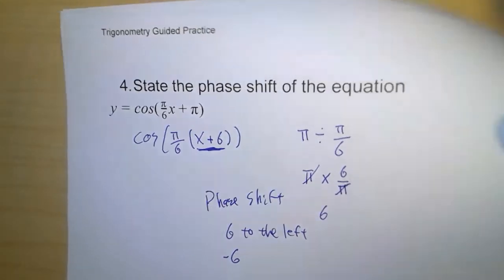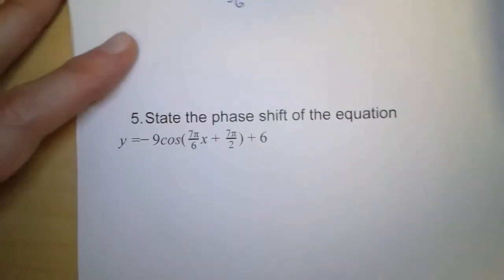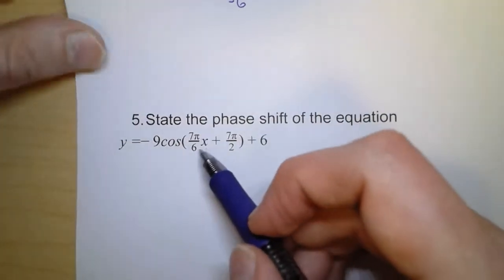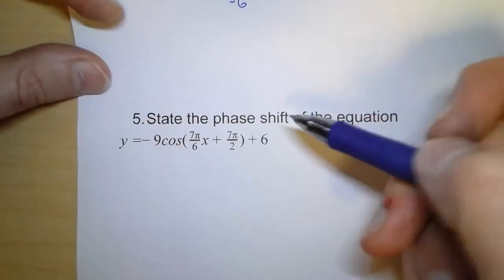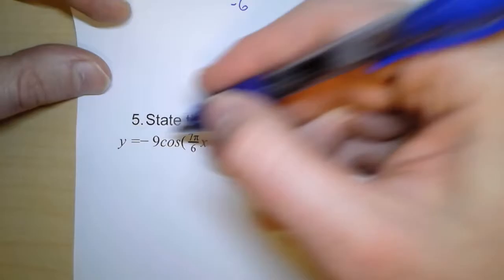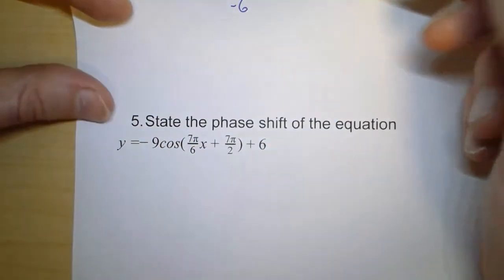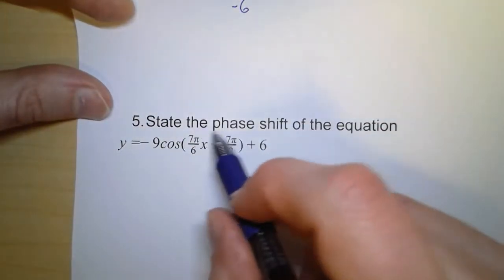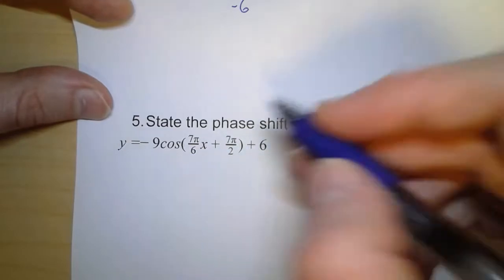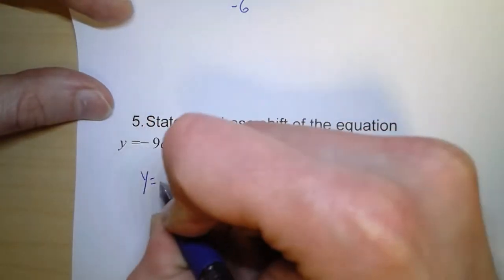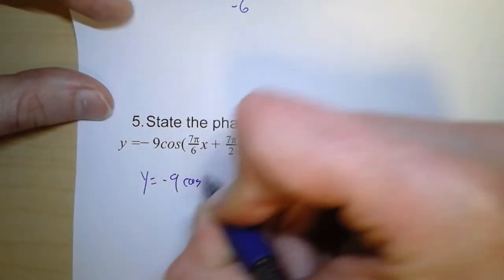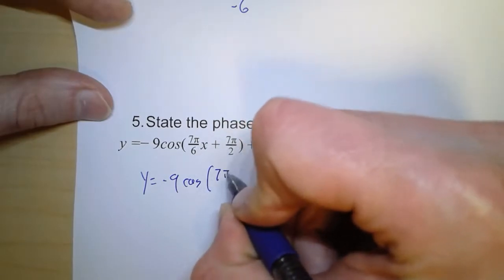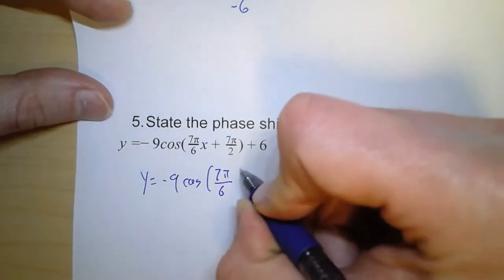And so looking at this last one, here we have 7 pi over 6 x plus 7 pi over 2 on the inside. Again, the 9, the 6, not interested. The only important information when finding phase shift is right inside here. So we're going to factor out that 7 pi over 6.